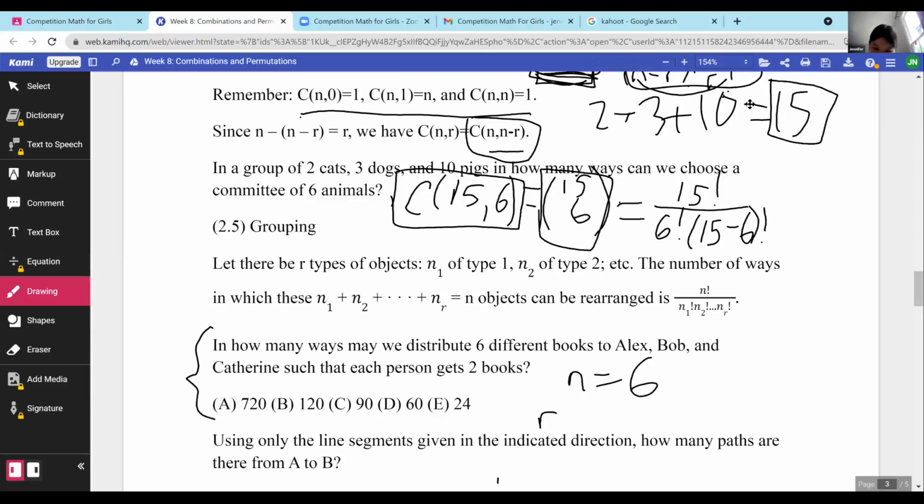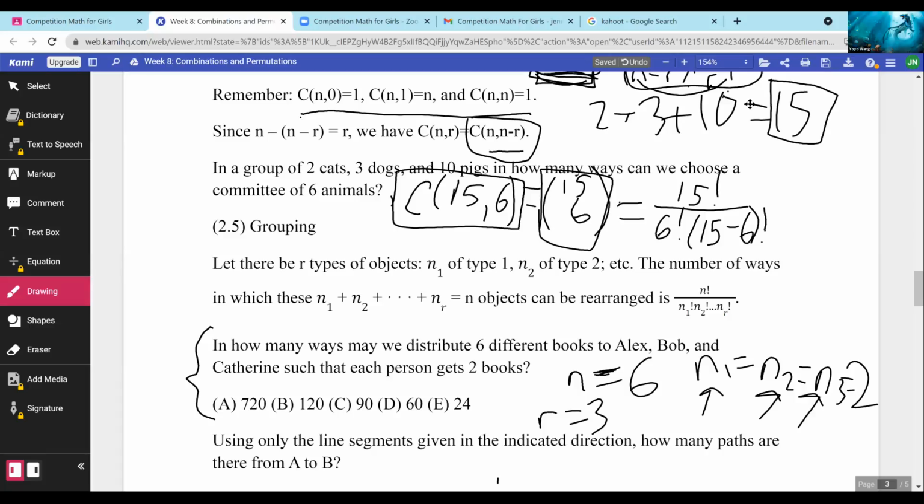Actually, R is 3, but N1 equals N2 equals N3, which each is 2, because each of these represents one person. Wait, R is 3? Yeah. Is R the number of people? Yeah.